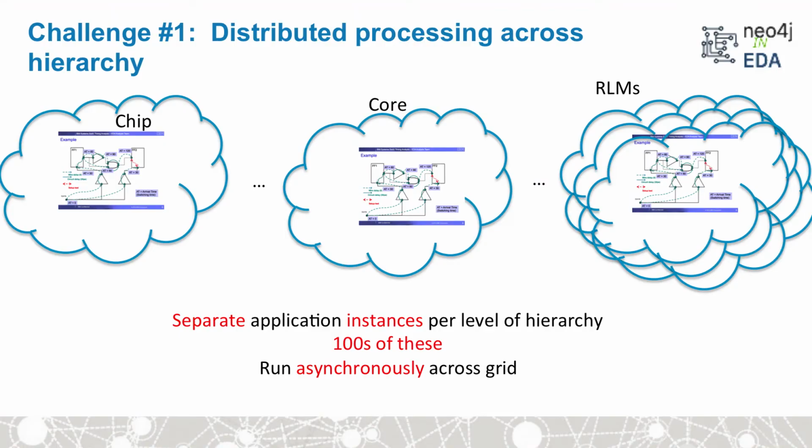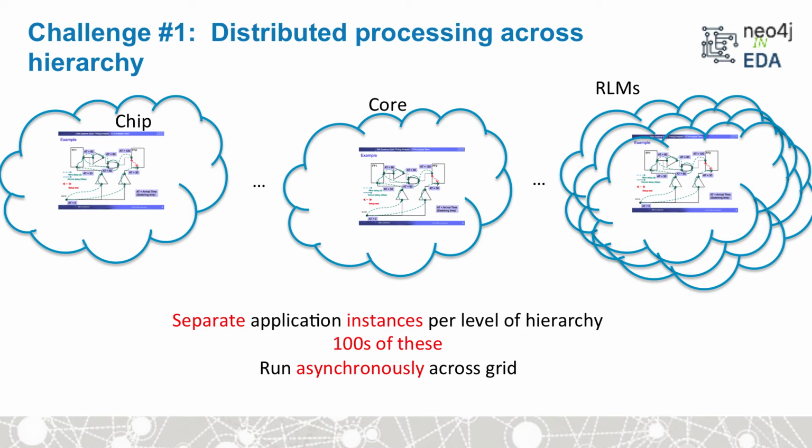So what's new here? How does Neo4j fit into this picture? Well, historically, there have really been two challenges for the EDA industry. Challenge number one is the distributed nature of our methodology. So it actually turns out that our problems are so complex that we have to take a divide and conquer approach.